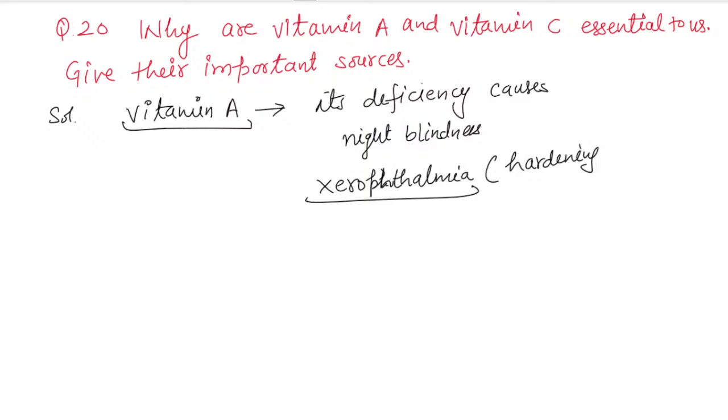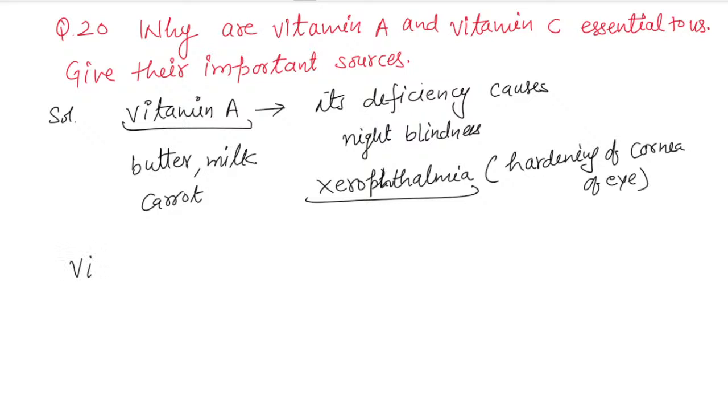It is hardening of the cornea of the eye. It is caused due to the deficiency of vitamin A, and vitamin A is in butter, milk, even carrot. You have written all. I'm blessed to have students like you.